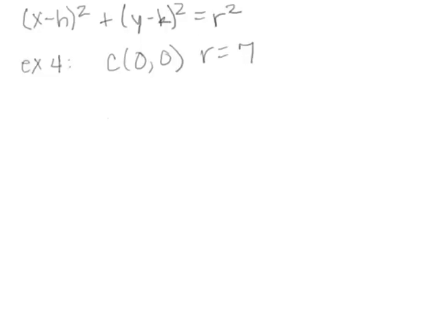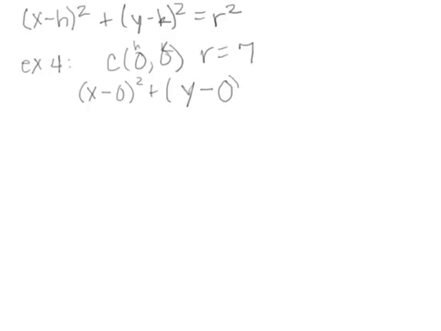Okay, we've seen something like this before. Remember when the center is at 0, 0, when we substitute it in, x minus, well, this is h, 0, squared plus y minus, this is k, h, k.